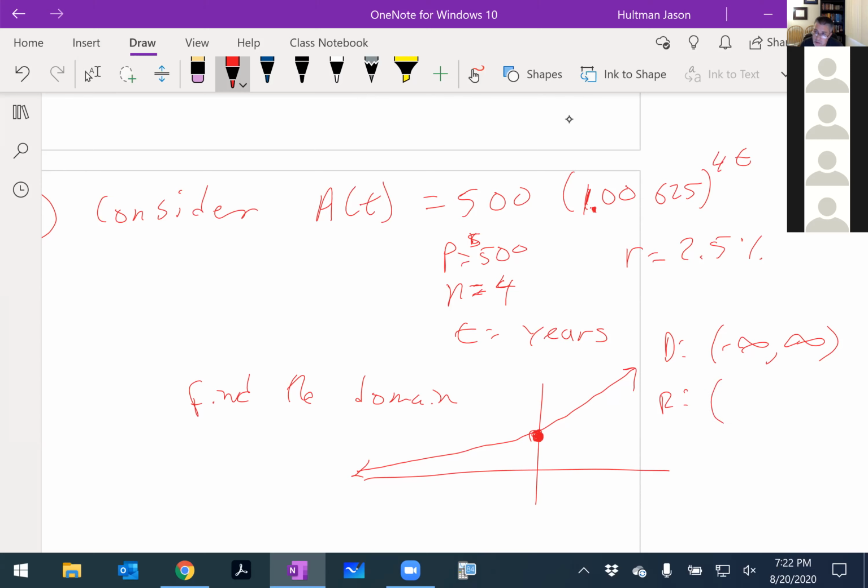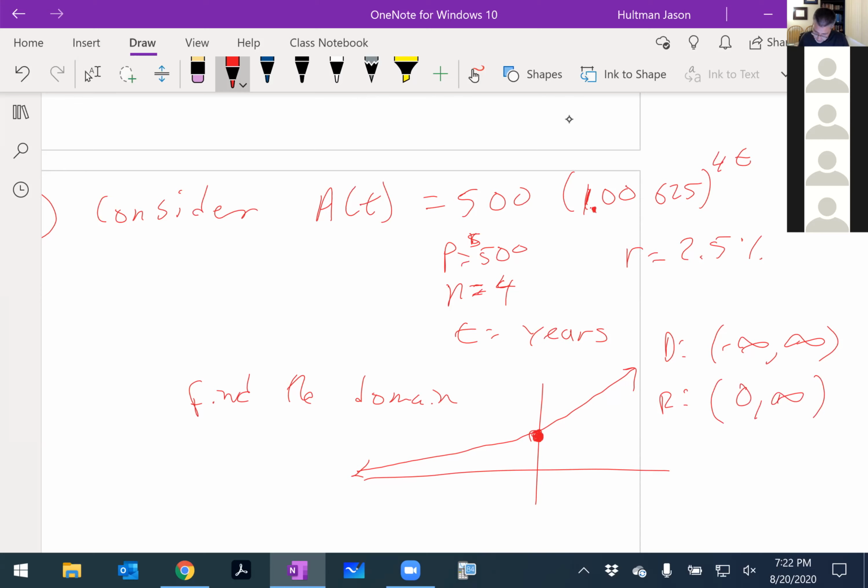So what's the range here? 0 to infinity. Is 0 included? Am I going to want to invest $0? No, it's not included.